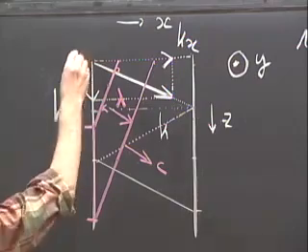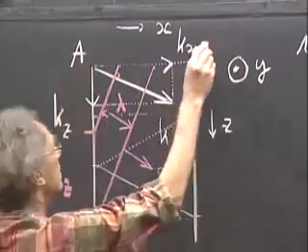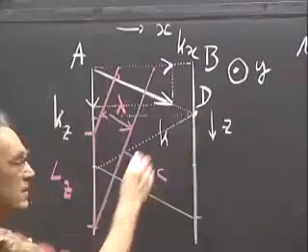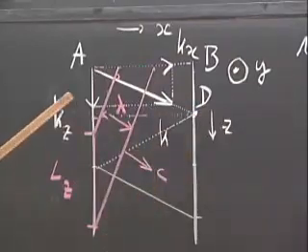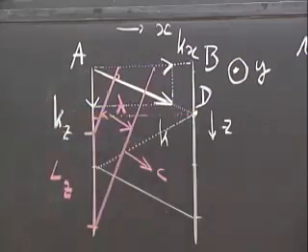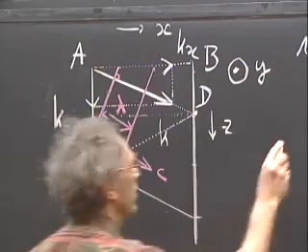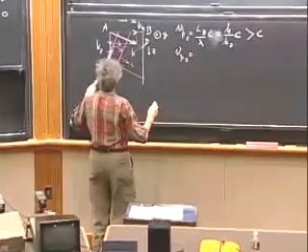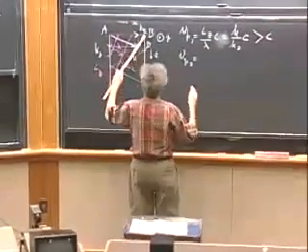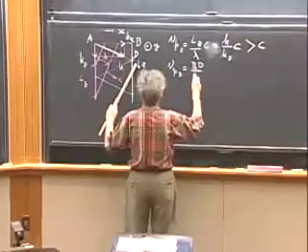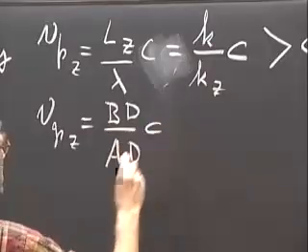Because when they go from this point A to this point D, in that same amount of time, in the z direction, they only go from B to D. And so the group velocity in the z direction is then BD divided by AD times c.